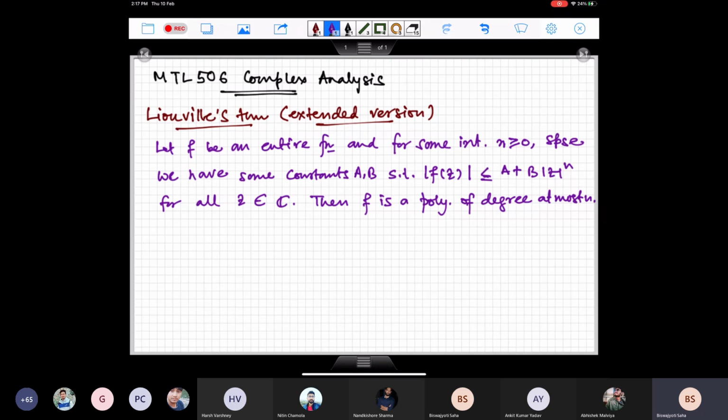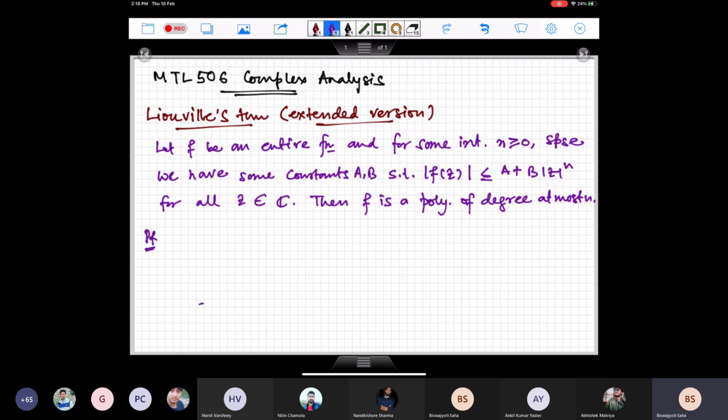So effectively, the function is bounded in the unit disk, and outside the closed unit disk it's only growing as per mod of z power n, whatever is the leading term. Okay, so this is what we are getting from Liouville's theorem.